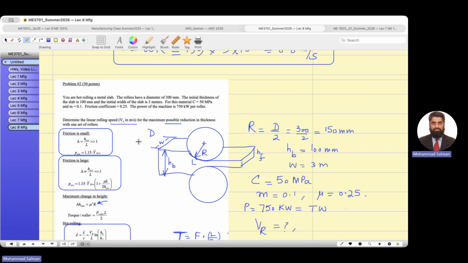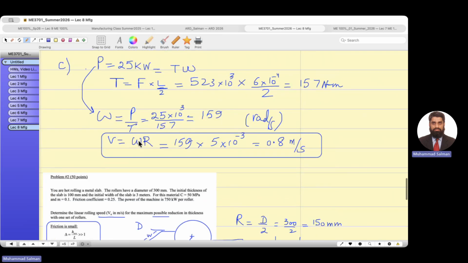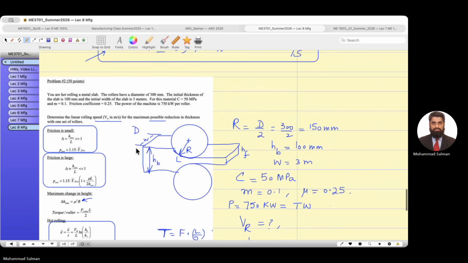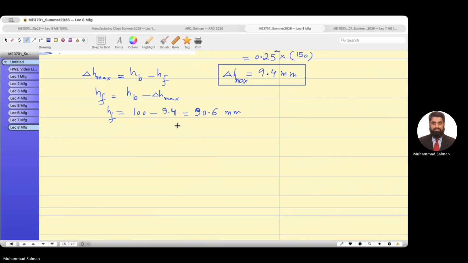what is the rolling speed? And I mentioned earlier the rolling speed can be found V equals to R omega, this formula. R times omega. Omega can be found from torque and omega.